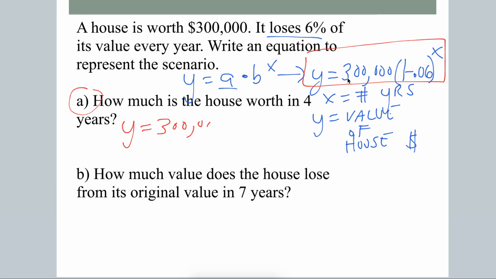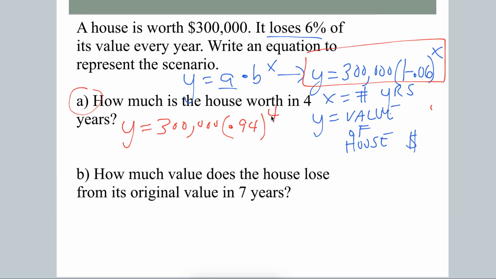So we're just going to plug in. Now, first of all, 1 minus 0.06, if you want to condense that, we actually just get 0.94. So you can just reduce what's in the parentheses. And then raise to the, instead of x, we're looking for what's happening in 4 years.